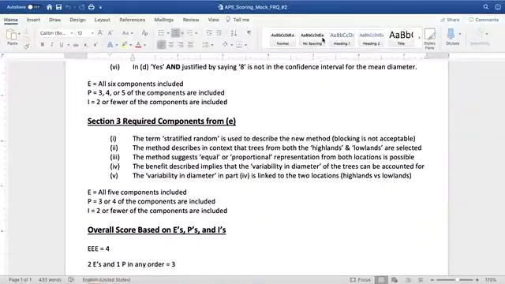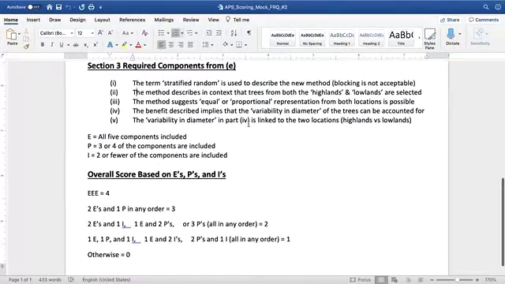So bottom line here, at the very end, your overall score is based on your 3 E's, P's, or I's, just like on the previous question. 3 E's is a 4, 2 E's and 1 P in any order, that would be a 3, 2 E's and 1 I, 1 E and 2 P's, or 3 P's, again in any order, that's an excellent score, those are 2's. 1 E, 1 P, and 1 I, that would be a score of a 1.